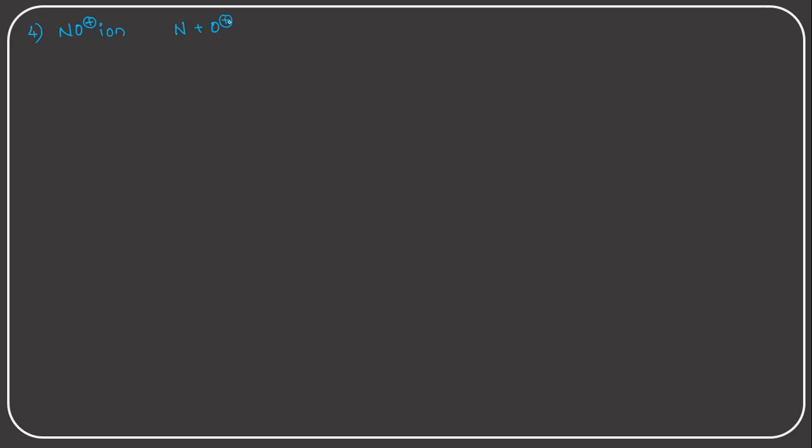So how? Let us see now. Nitrogen has atomic number 7, oxygen has atomic number 8. That means how many protons are there in nitrogen? 7 protons are there, which means 7 electrons are also revolving around the nucleus of nitrogen. But in oxygen, how many electrons are there?